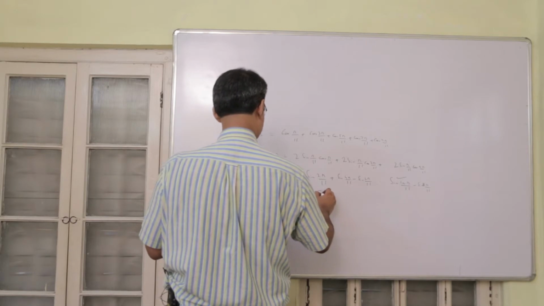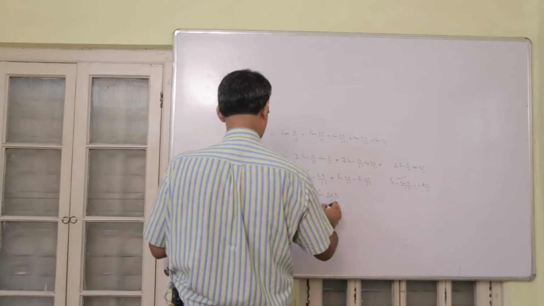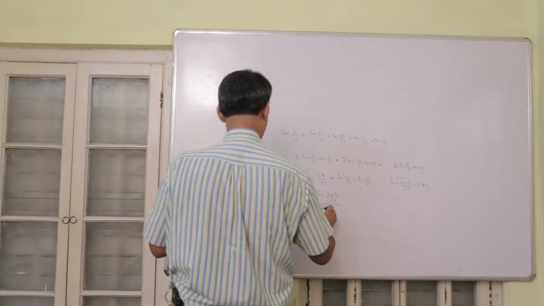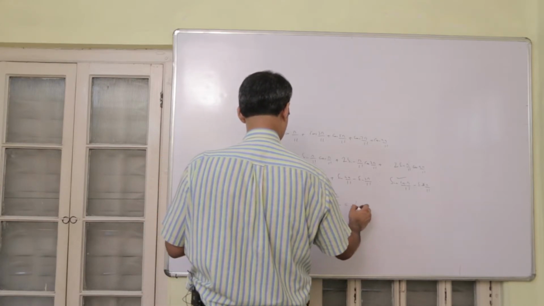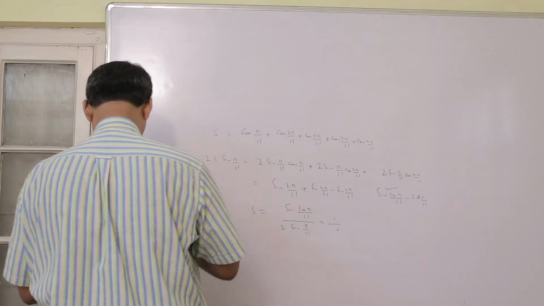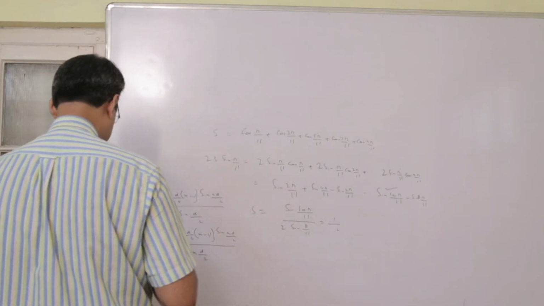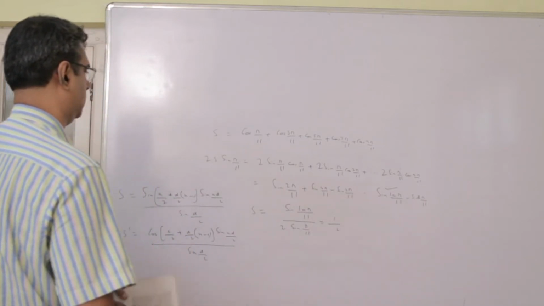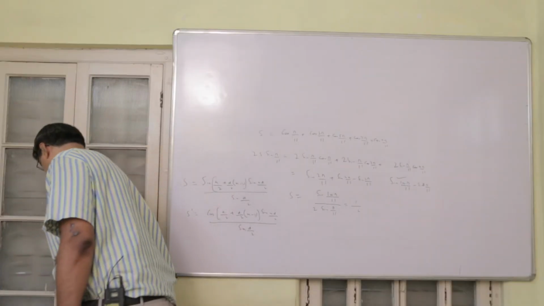So S will be equal to half. So this is one example of how to solve the trigonometric series like sine series or cosine series.